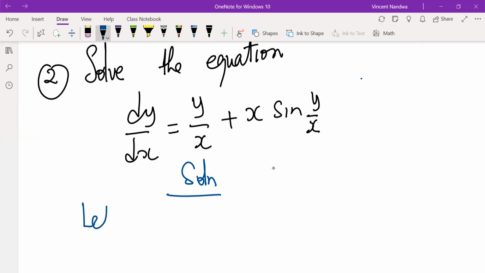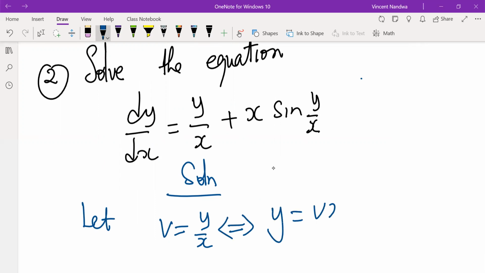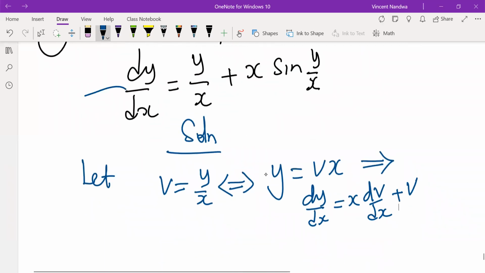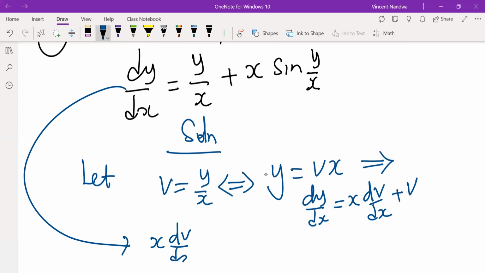So we can say let v be given by y over x, which is the same language as saying y is vx, which also implies that dy/dx equals x dv/dx plus v. So with that substitution, we'll have x dv/dx plus v equals y over x is v, x sine of v.